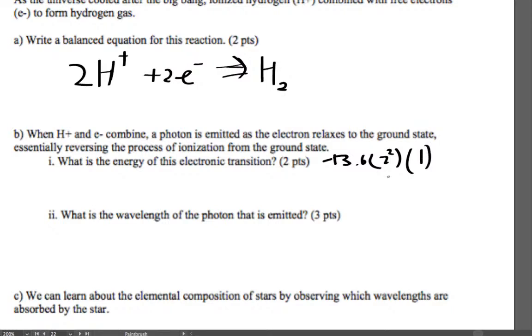When you do the entire calculation, this is also 1. So the energy is 13.6 electron volts, which is basically the starting point of anything.